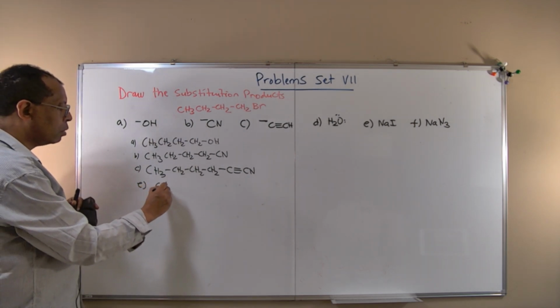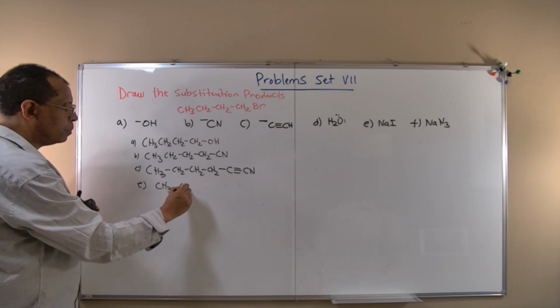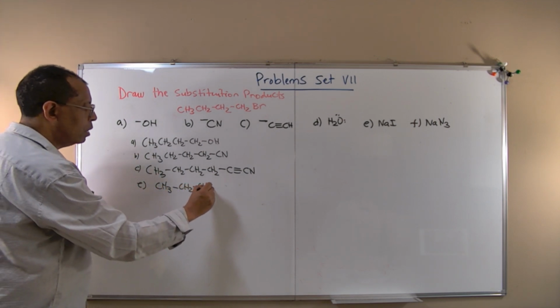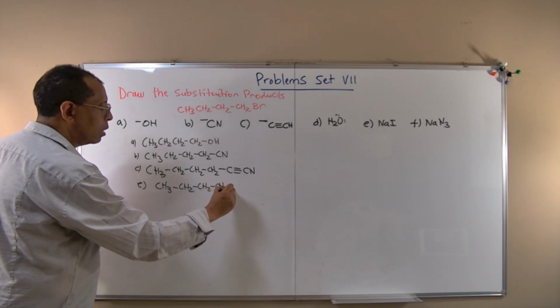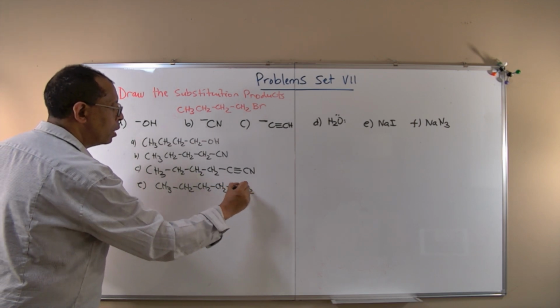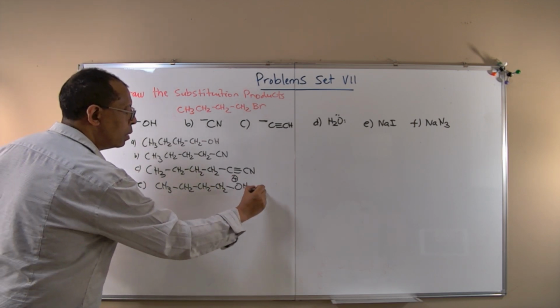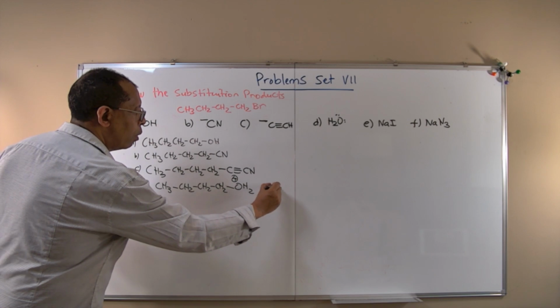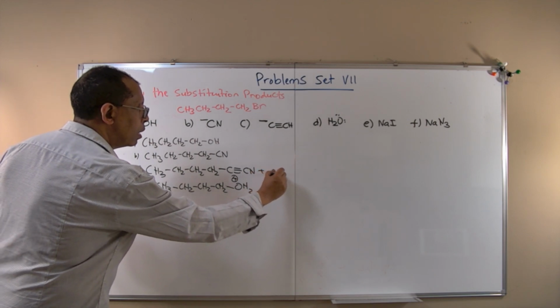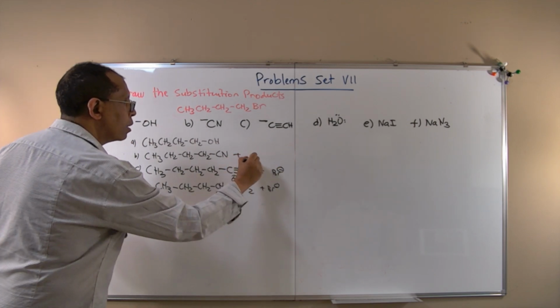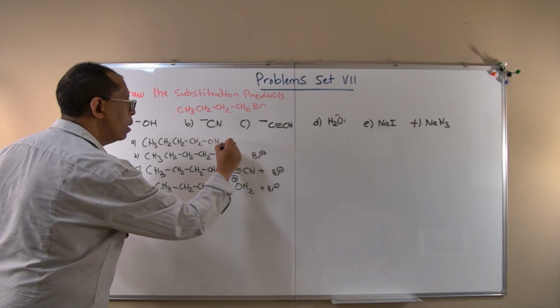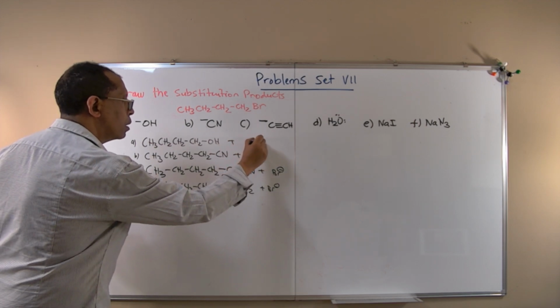One thing you have to know, when it attacks and the bromine leaves, by the way, all of them have Br minus here as the leaving group.